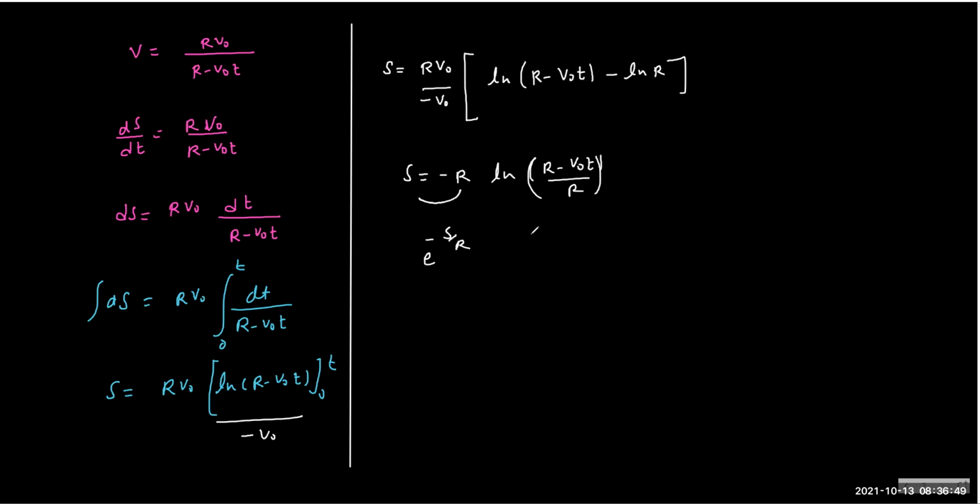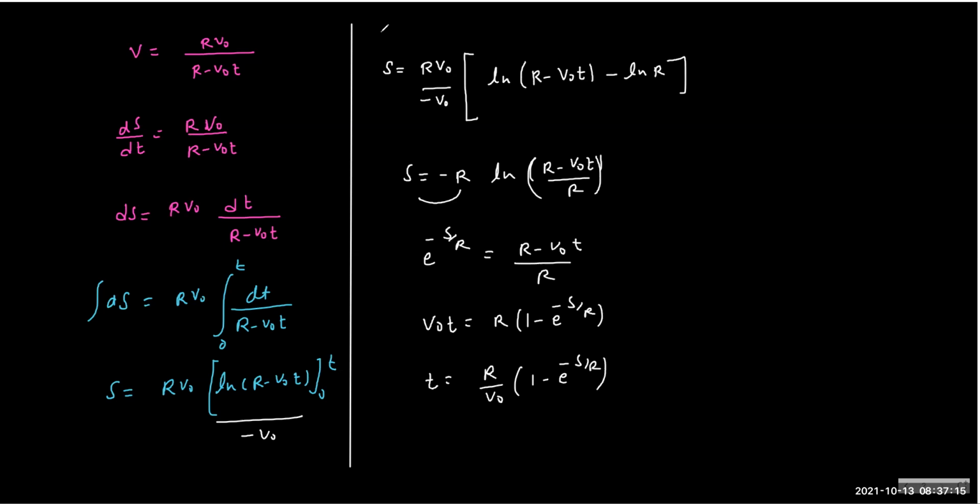You can take it here and then take the exponential. So these are the basic calculations that you need to get expertise in. So v naught t becomes r into 1 minus e power minus s by r. So time as a function of distance traveled on the ring will have this answer.